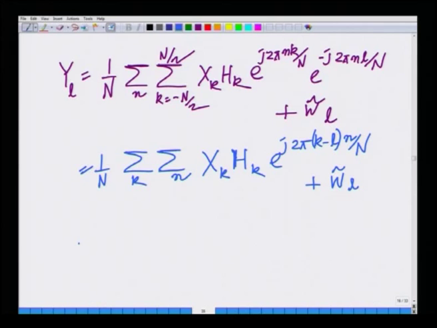Now, when k equals L, in that case the exponent is 0, and the summation over n is N, N over N is 1.